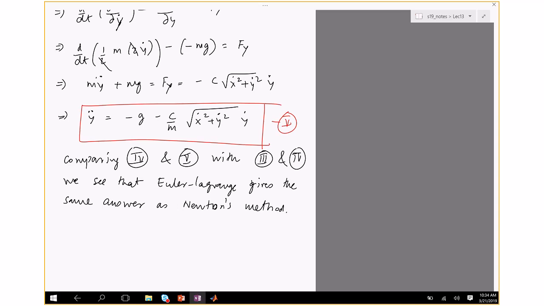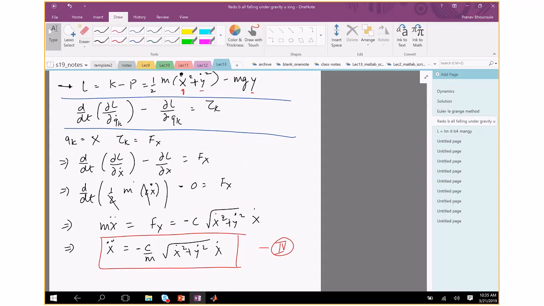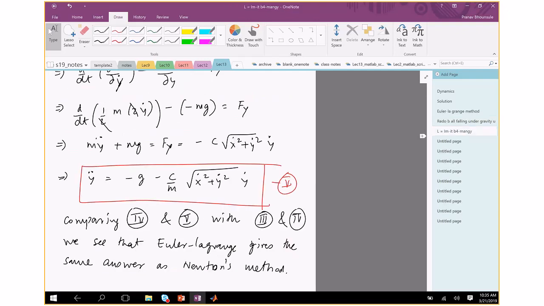Okay, so the fun part, after you derive it, is to actually simulate this. So I'm going to show you how to take this, put it in Matlab, and integrate these equations. Now, if this drag term was 0, c was 0, then x double dot would be 0, and y double dot would be minus g.